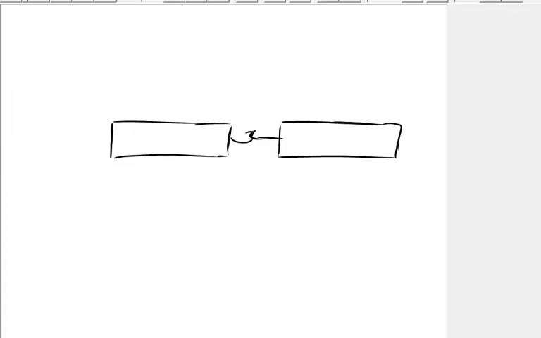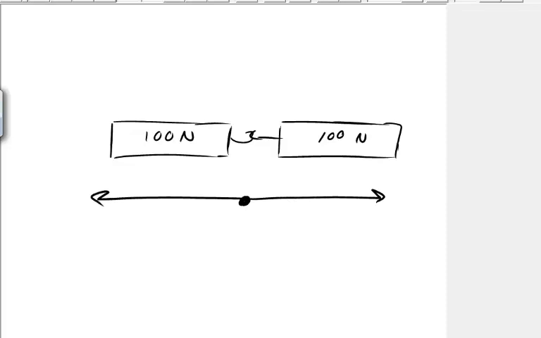If this one read 10 newtons, what were they discovering? The other had to read 10 newtons. If they pulled really hard, 100 newtons on the left meant 100 on the right. Remember that these are in opposite directions. You can't get a force on here if you're pushing them towards each other. That's not the way these force sensors are built.